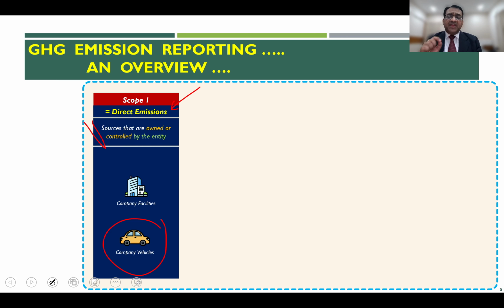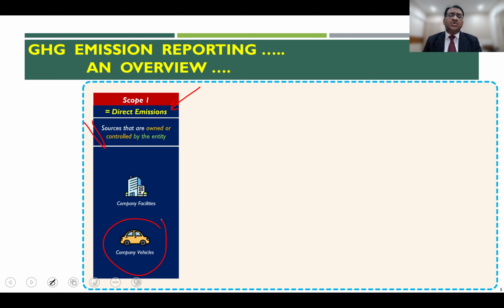If the jet uses jet fuel or the car uses petrol, then the emission originating on account of the use of such a car or jet, which is controlled or owned by the entity, will fall within the definition of scope 1 emission.